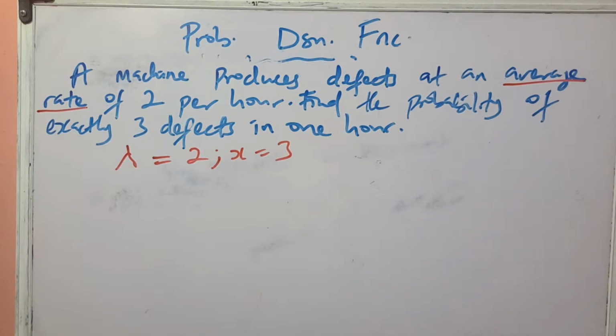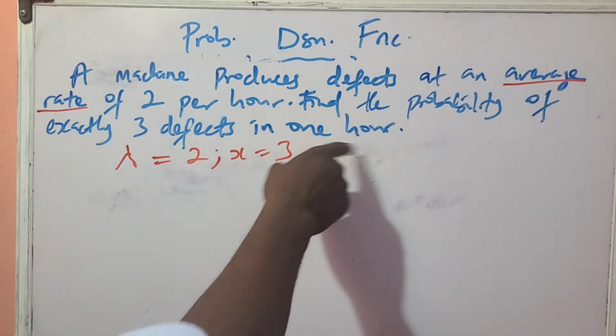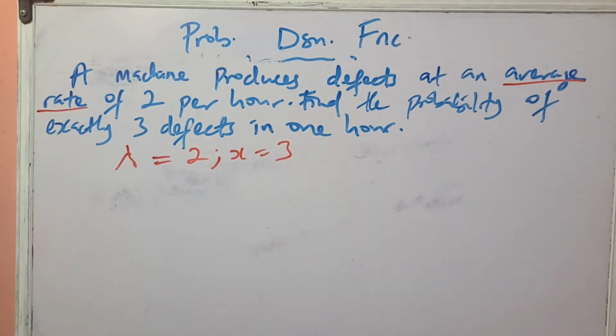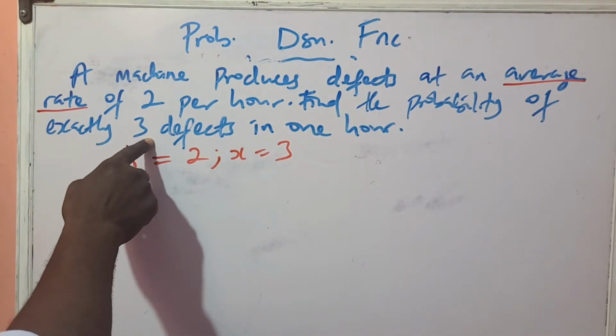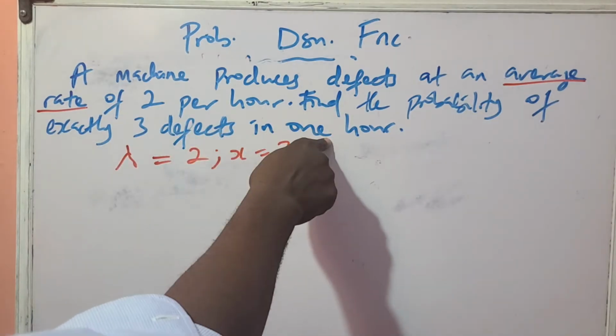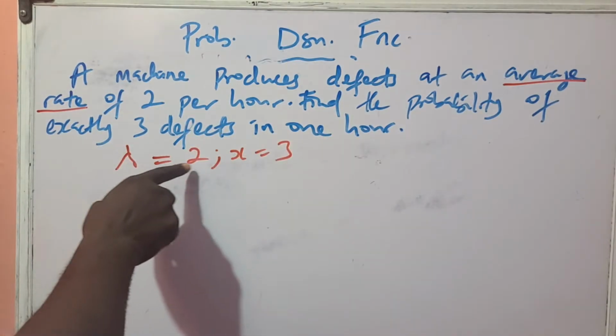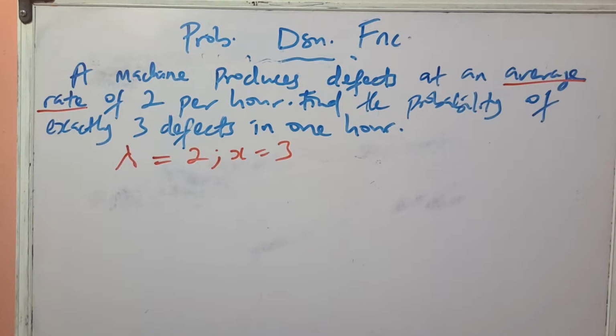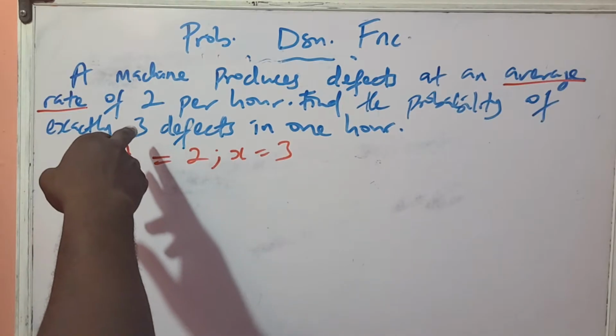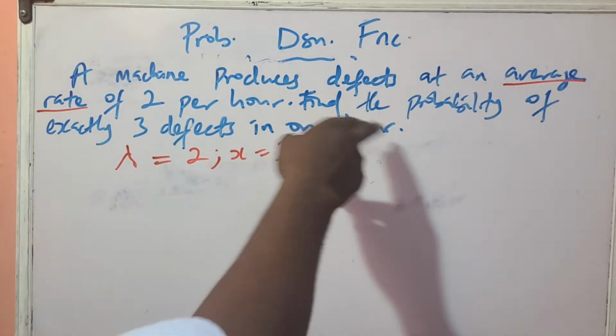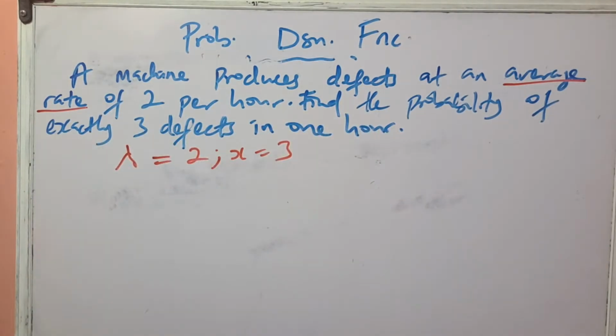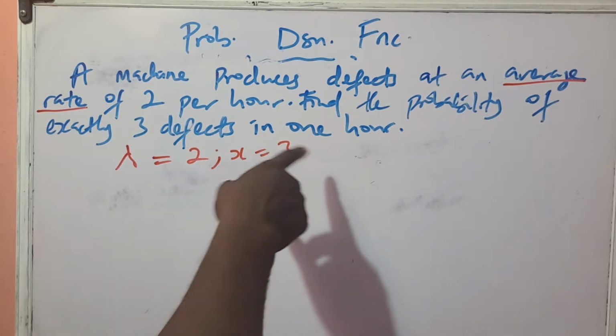If they ask you to find the probability of 3 defects in 3 hours, you would have to multiply the lambda by 3, because you cannot use the average rate for 1 hour to solve for this.